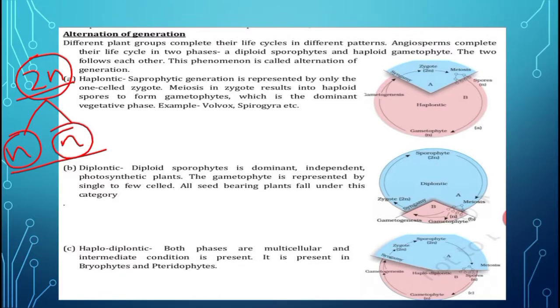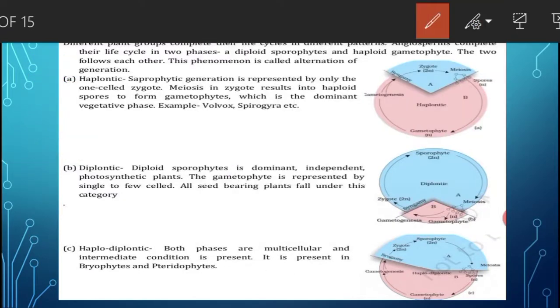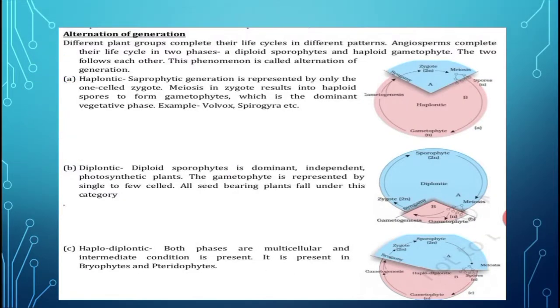So the diploid sporophytic plant body will undergo meiosis, and it will produce the haploid spores. These haploid spores in turn divide by mitosis, and it will produce the haploid plant body once again.